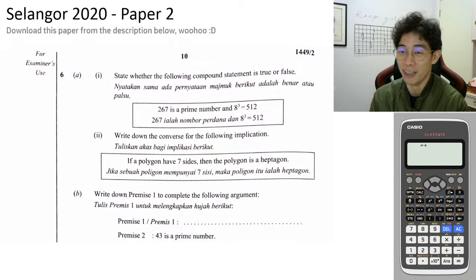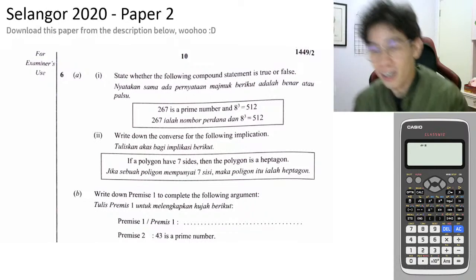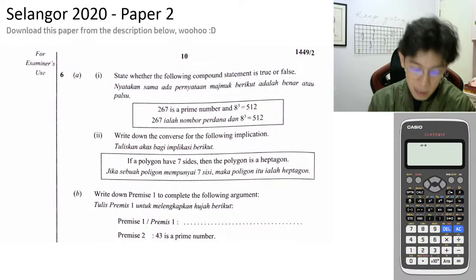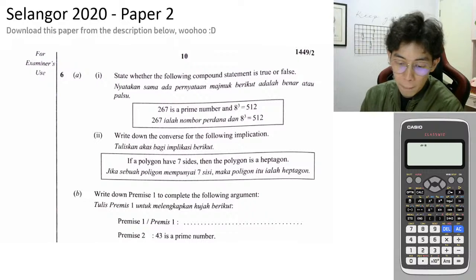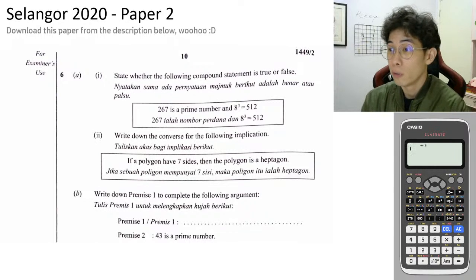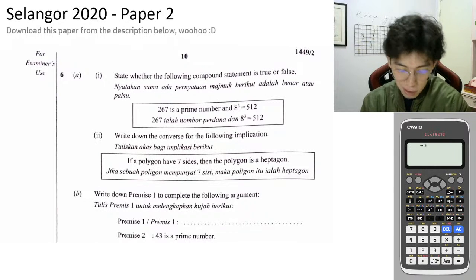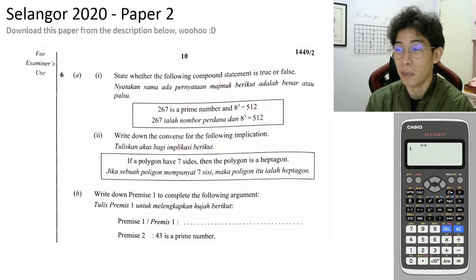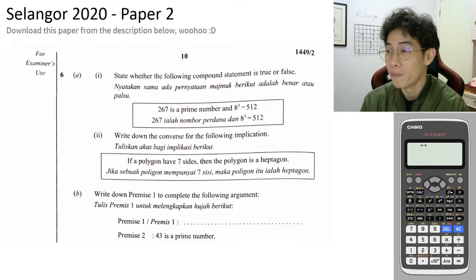You dream also, you can do already. They say true, false only. 267 is a prime number. Prime or not prime?